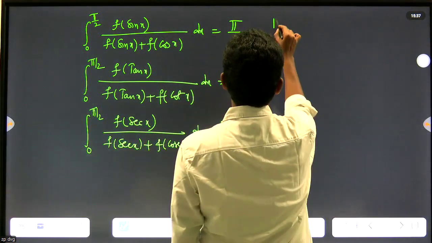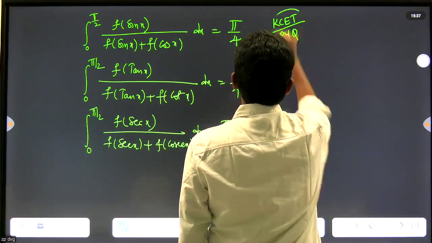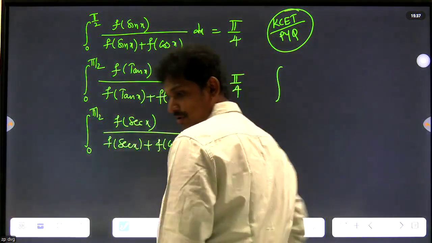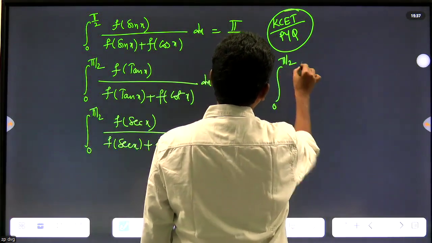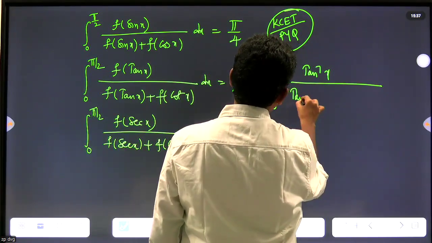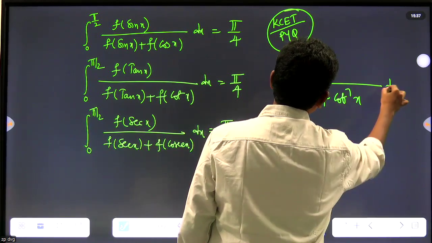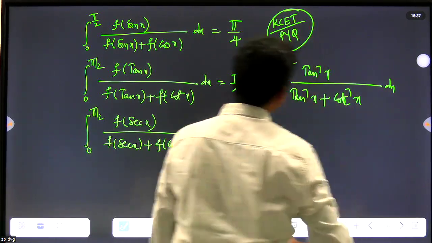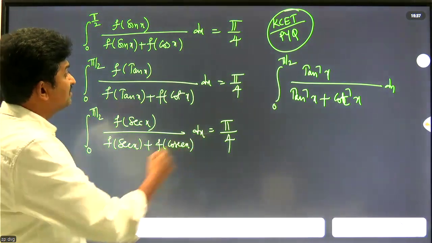I'll do it here so that you can relate it easily, how this is useful. The question is integral from 0 to pi by 2 of tan power 7x divided by tan power 7x plus cot power 7x dx. Which form is it?